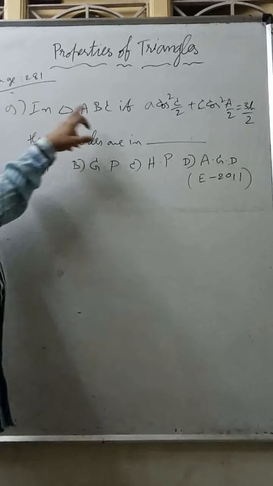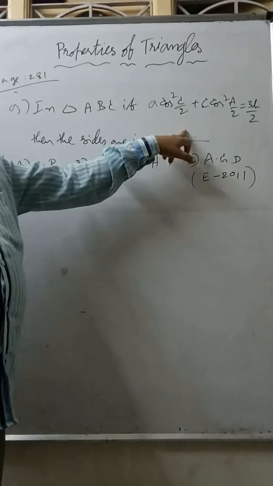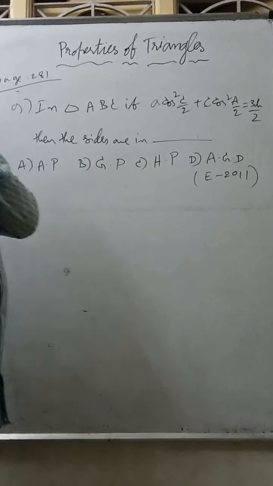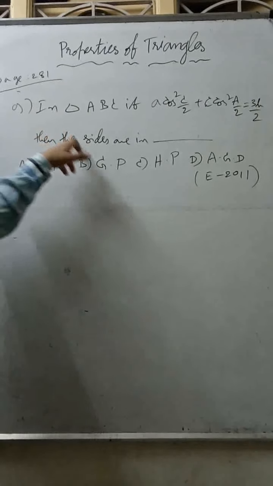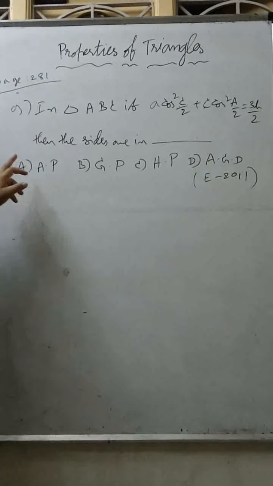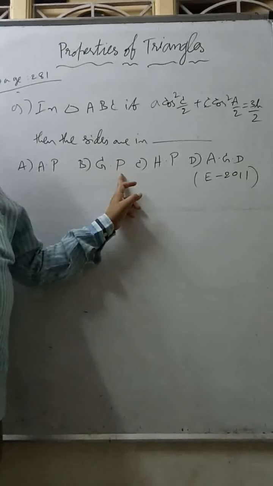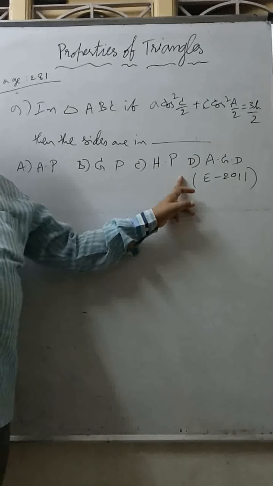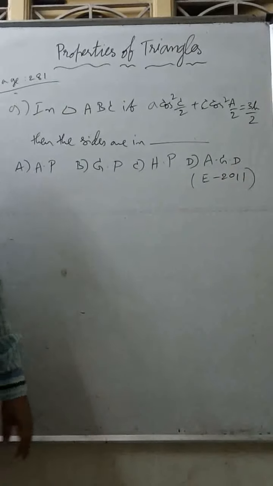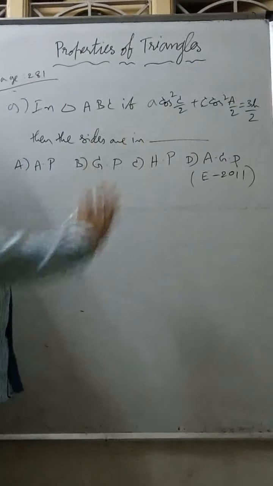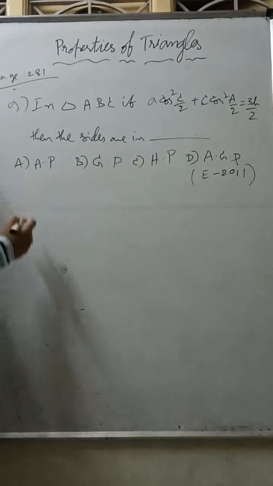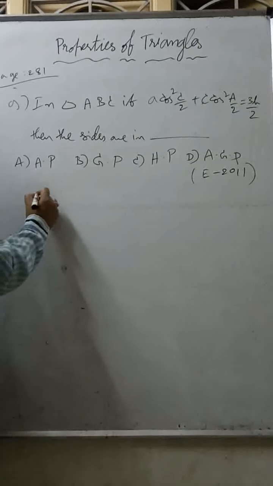In triangle ABC, if a cos²(C/2) plus c cos²(A/2) equals 3b by 2, then the sides of the triangle are in dash: arithmetic progression, geometric progression, harmonic progression, arithmetico-geometric progression, AGP. AP, GP, HP or AGP is asked. We don't know, so we will go for the cos C by 2 formula.